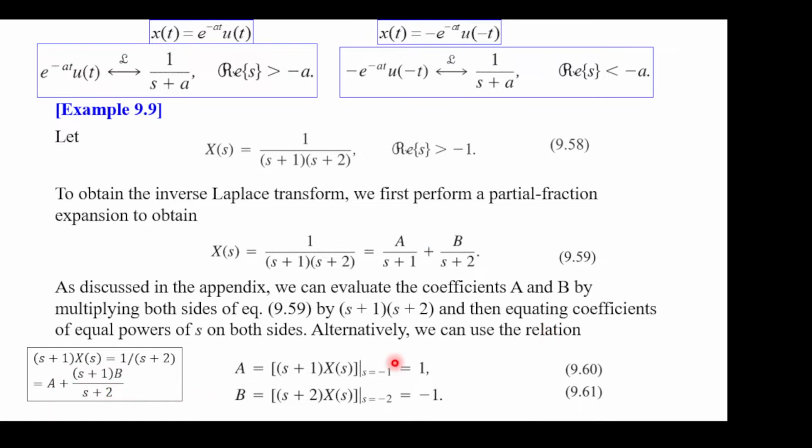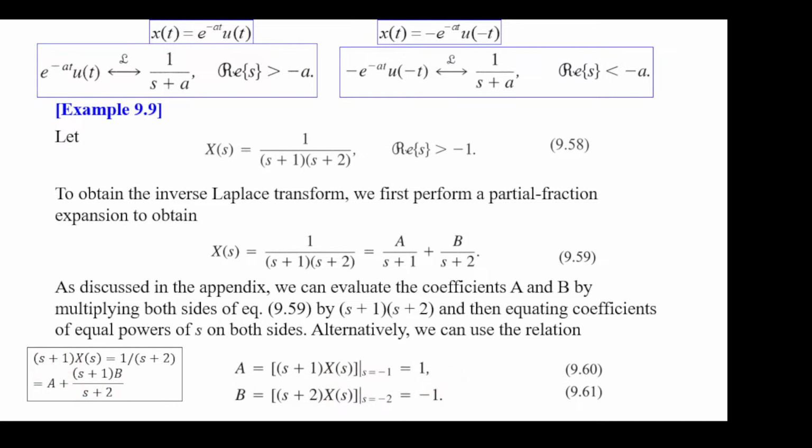Why do we want to do this? Look at this part and put s equal to -1. Then s plus 1 becomes 0, so the b term just disappears, and you are left with the a term. So a is 1 over s plus 2 taken at s equal to -1, which gives a equal to 1.